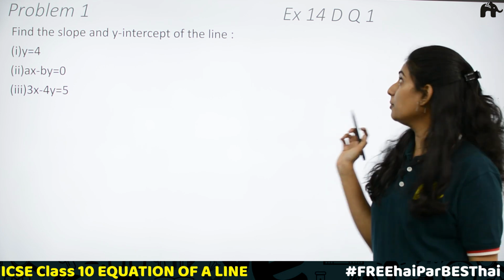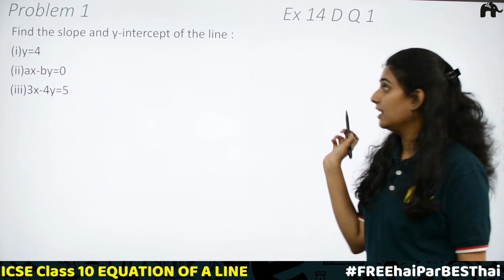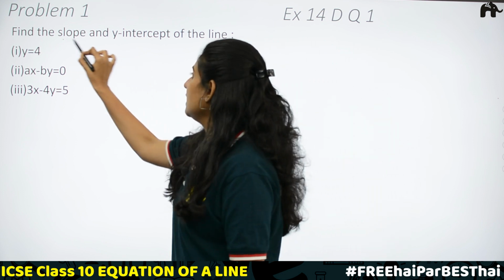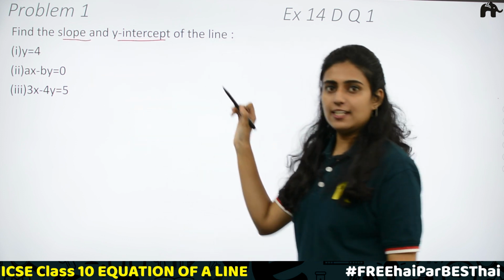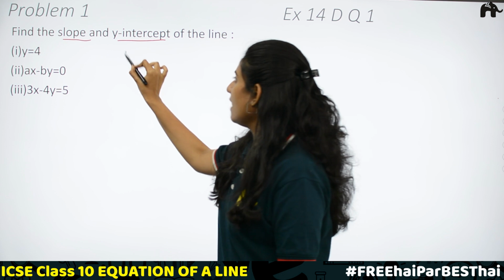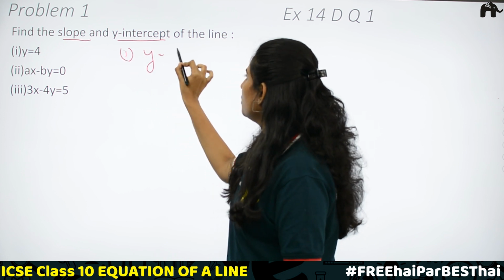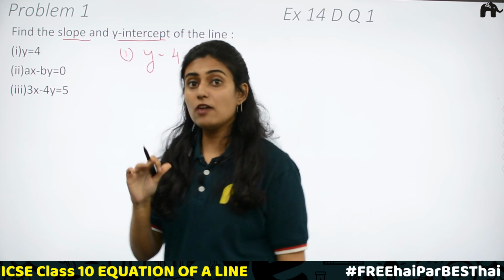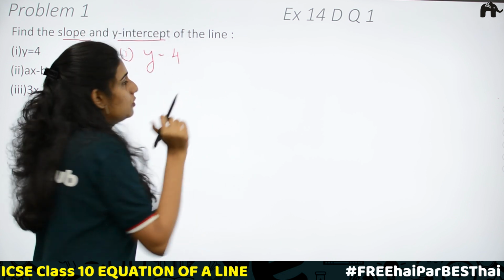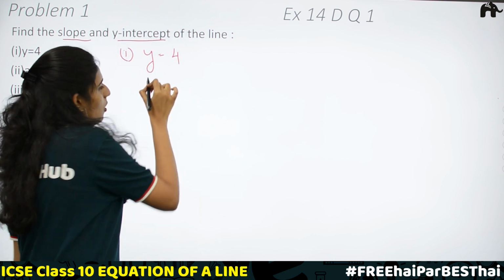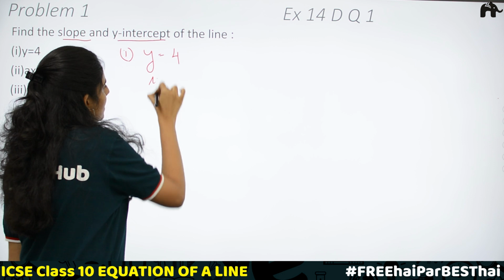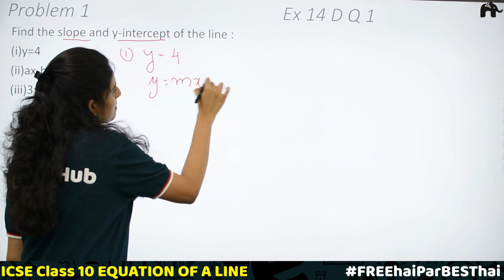Here we have the first problem, question 1 of exercise 14D. Find the slope and y-intercept of the line. 3 lines are given. The first line we have y is equal to 4. Here we have only the y value. y is equal to 4. What is the slope intercept form? y is equal to mx plus c.